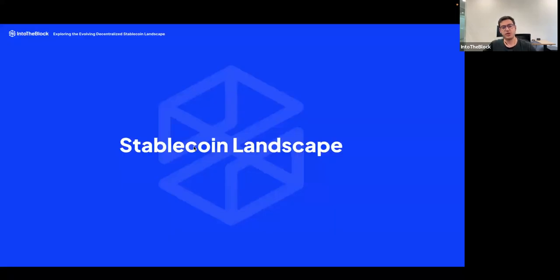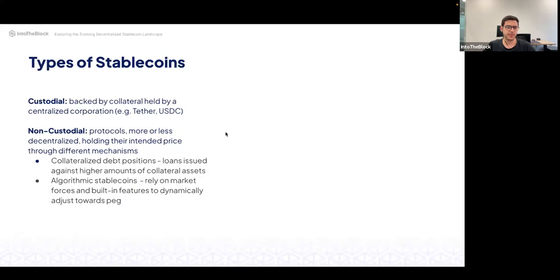All right, without further ado, let's get into our main subject. Just to make sure we're all on the same level, I'm assuming many of you already have a decent understanding of the space, but I would categorize stablecoins within two main segments, custodial and non-custodial. Some people would call it centralized or decentralized.